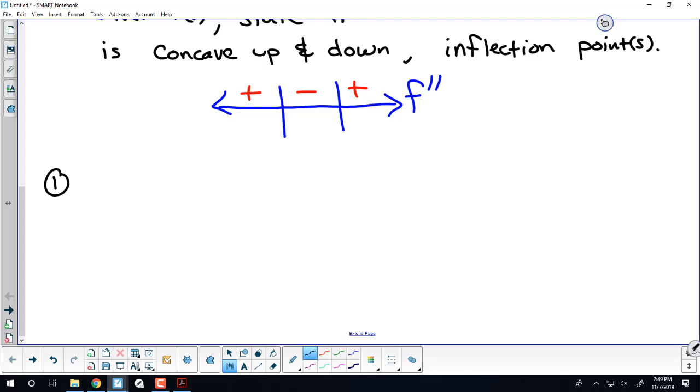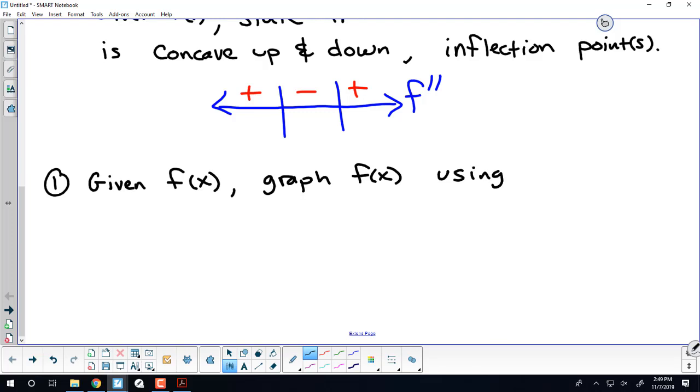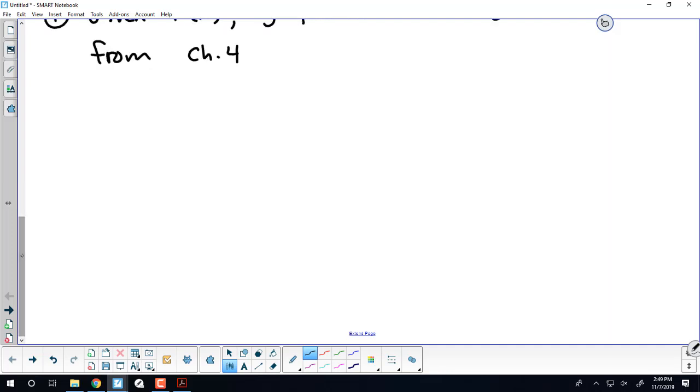So then that's from 4.4: given a function, graph using methods from chapter 4, and I'll have like a checklist below that.